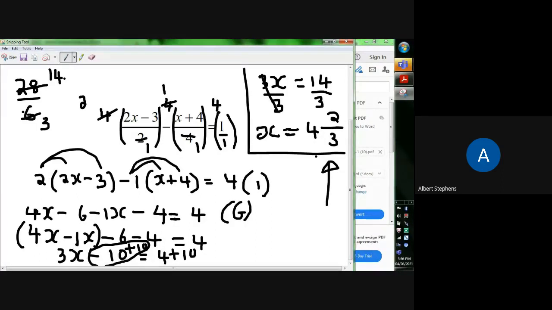Or if they say give your answer in the simplest fraction. All right. Any questions? Anybody writing? Can I take this off? All right.